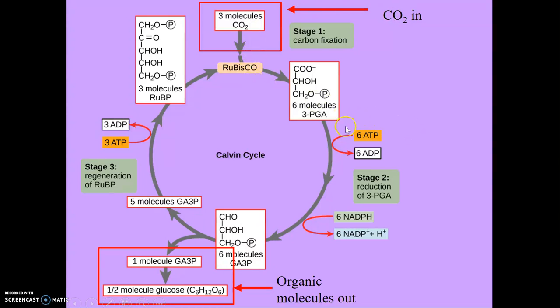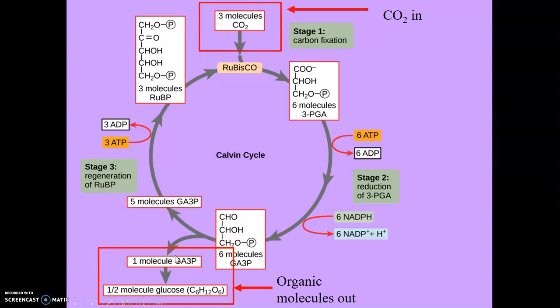It uses the energy that was converted into ATP and NADPH in the light-dependent reactions here. It uses that energy to take carbon dioxide and use the carbons and oxygens there to create these organic molecules. And through one cycle of this, it's going to basically make half of a glucose molecule.